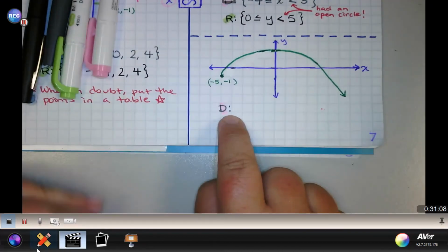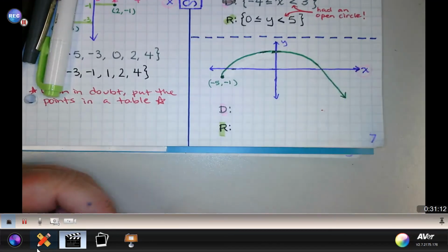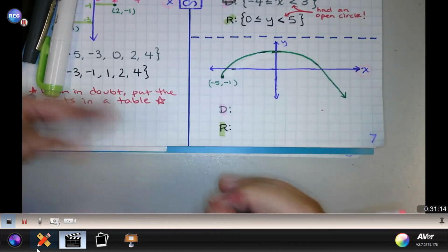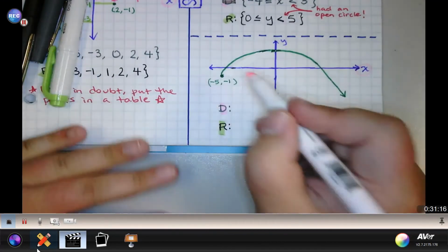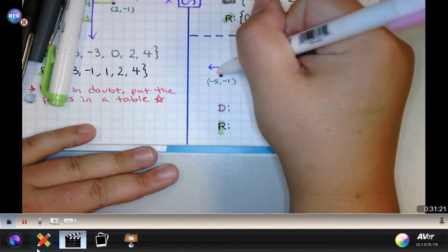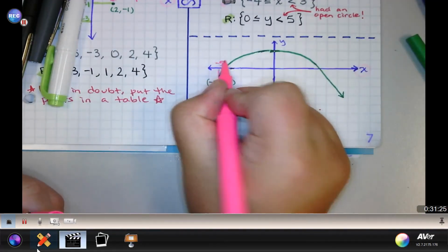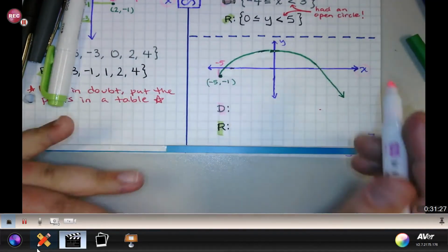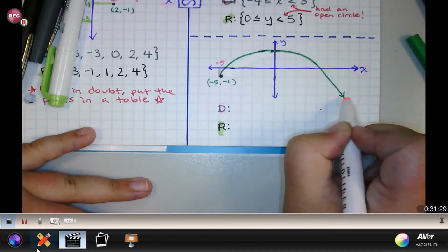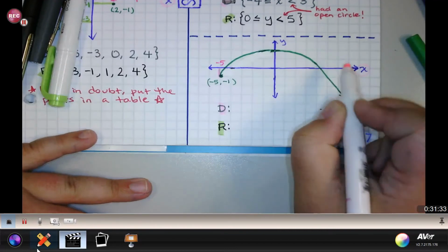When we do domain, remember again, that is based on the x-axis, which is side to side. So we need to know how far to the left does it go and how far to the right. Well, I did a closed circle here, and so that is pretty easy. That is -5. But my problem here is that this is an arrow, which means it doesn't stop. It just keeps going.